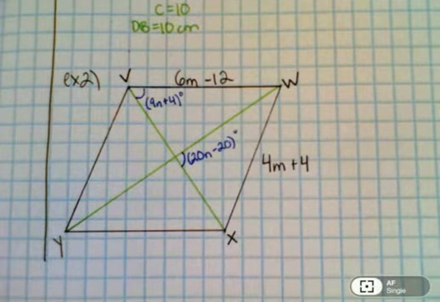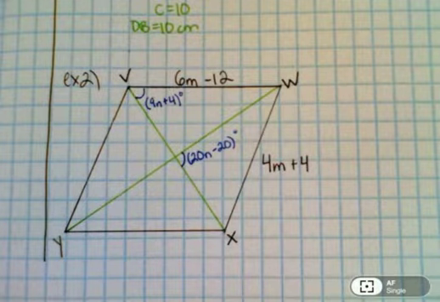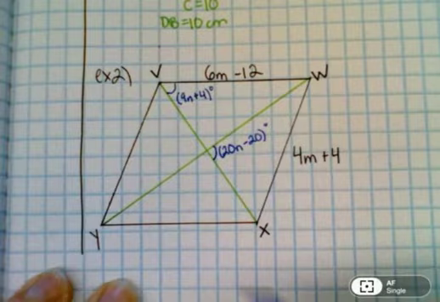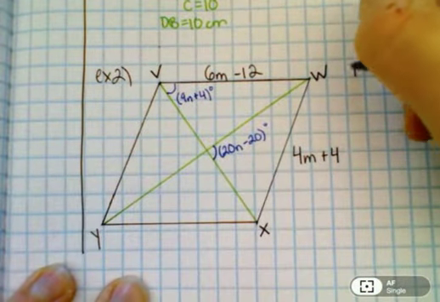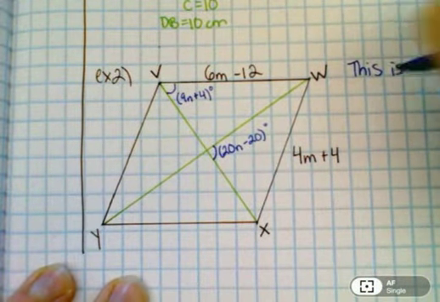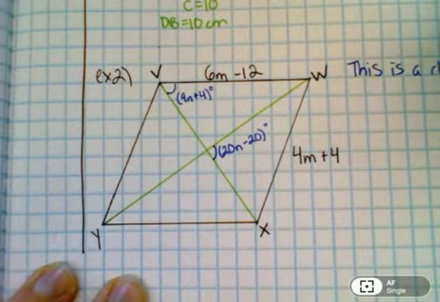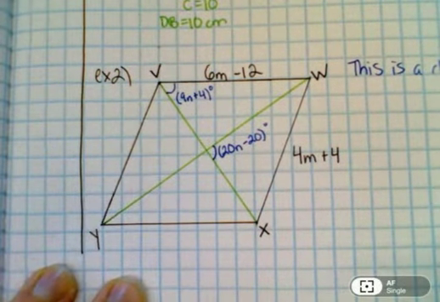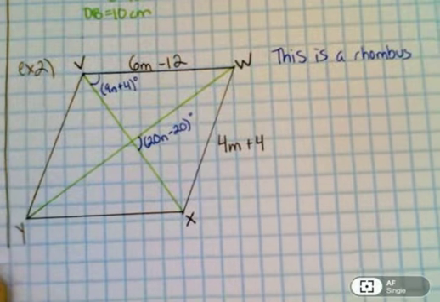So that's the setup. And then I want you to write underneath it, or maybe up here at the top, this is a rhombus. So that's given. This is a rhombus.